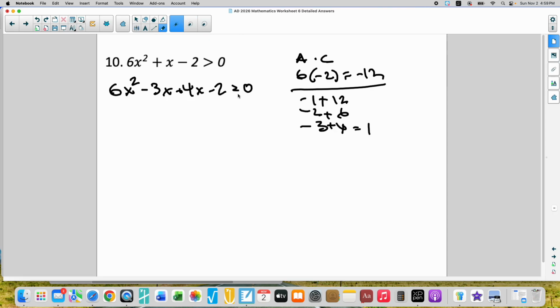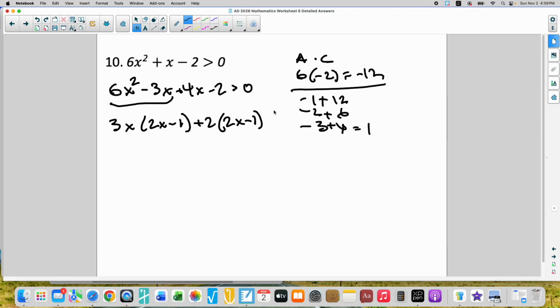That looks like an equal sign. Very sloppy handwriting tonight. Sorry. Group, we'll factor out a 3x. You get 2x minus 1. Factor out a 2. You get 2x minus 1 is greater than 0. These are the same. 2x minus 1. 3x plus 2.